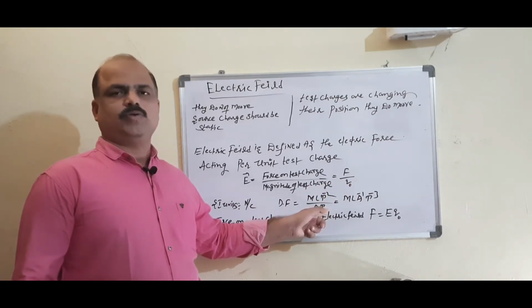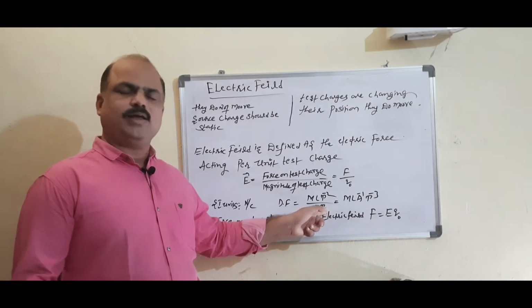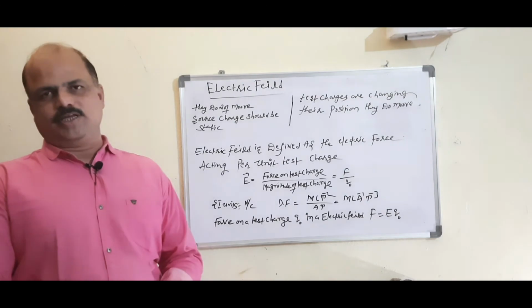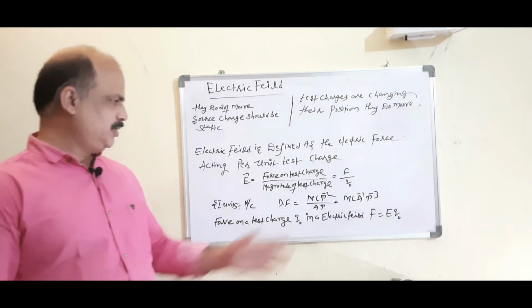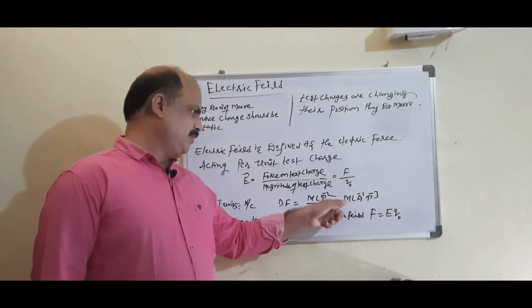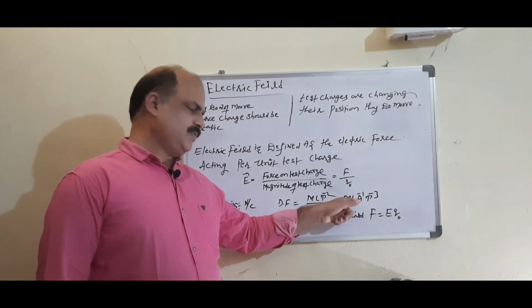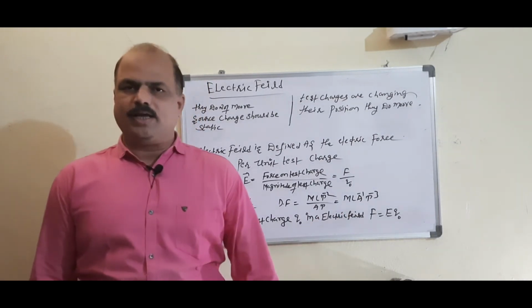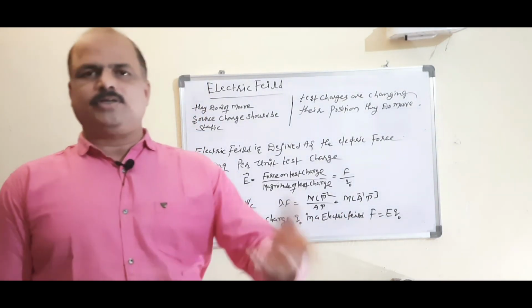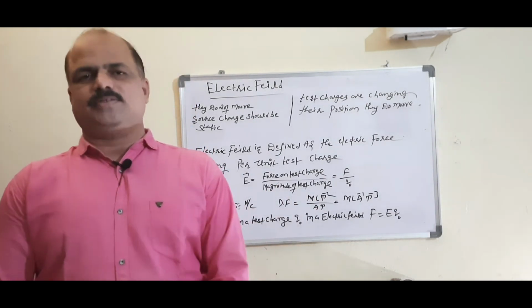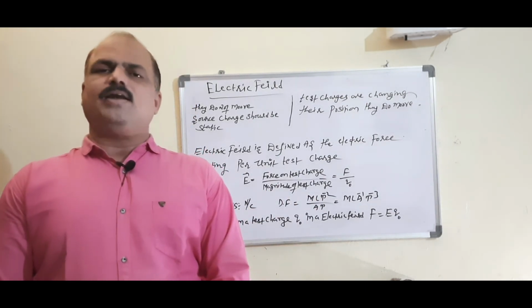We know that Q is equal to IT. Instead of I, we write A in dimension formulas, where A means ampere. By calculating this, we get M L A power minus 1 T power minus 3. That is the dimension formula for the electric field. In some textbooks, electric field is also called electric field intensity.